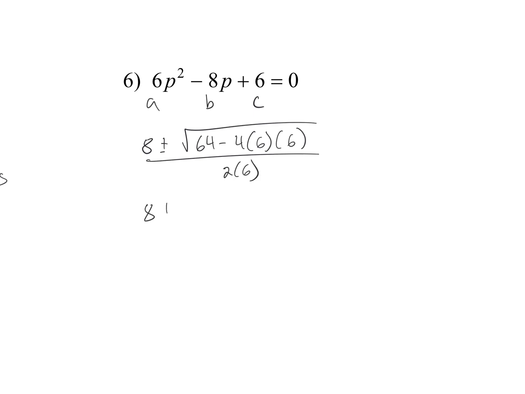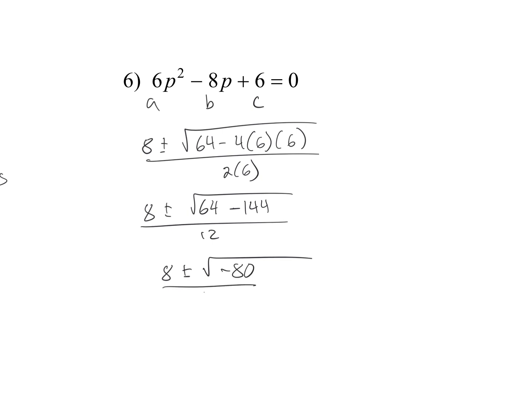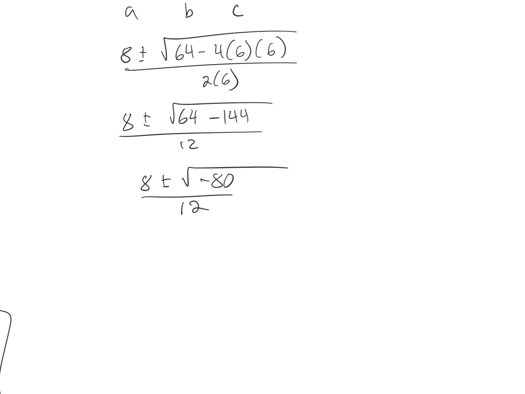It's going to be 8 plus or minus 64 minus 144 over 12. That's going to simplify to 8 plus or minus root -80 over 12. So it's 8 plus or minus i root 80 over 12.